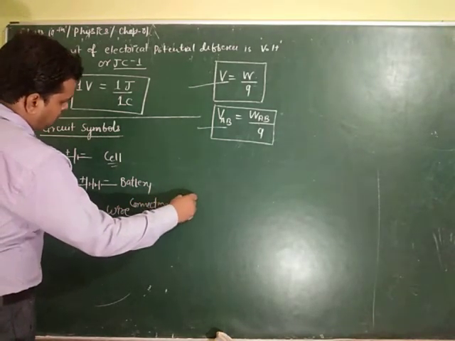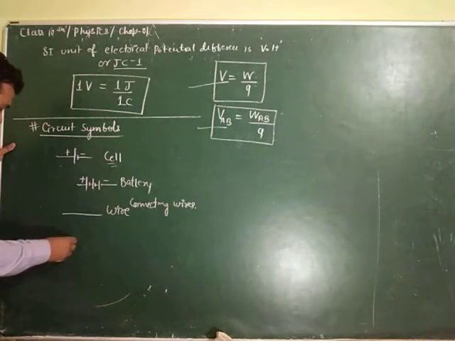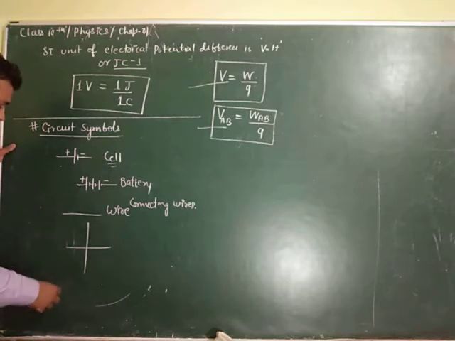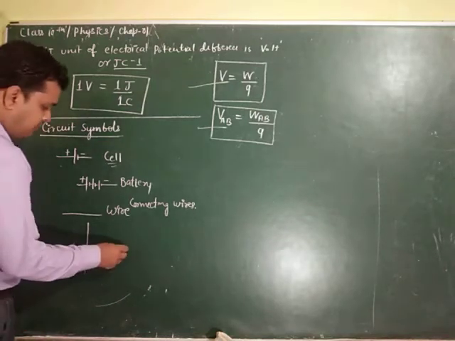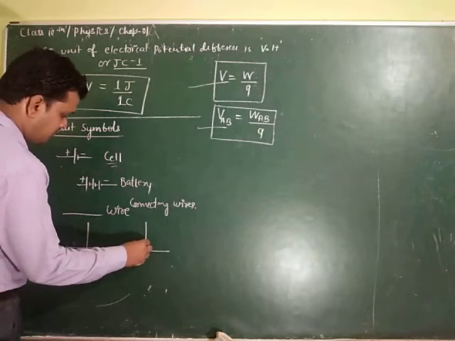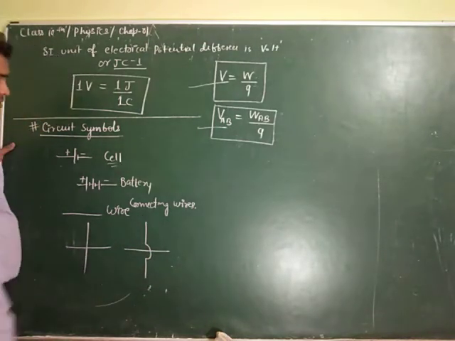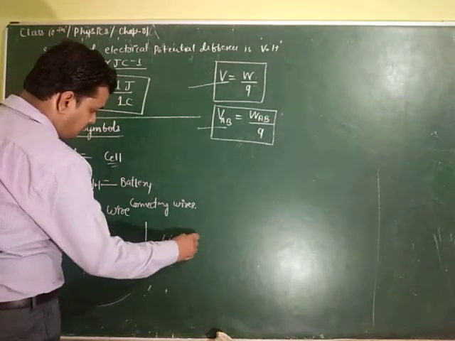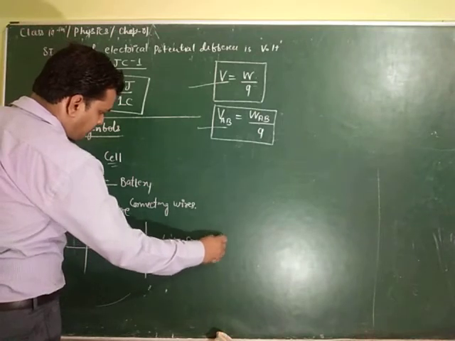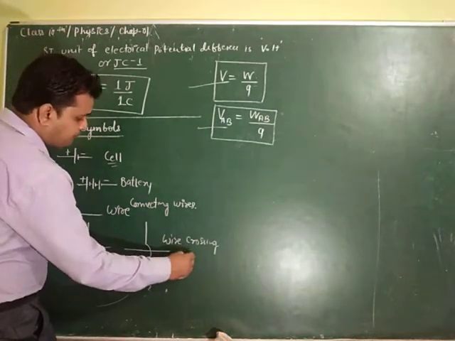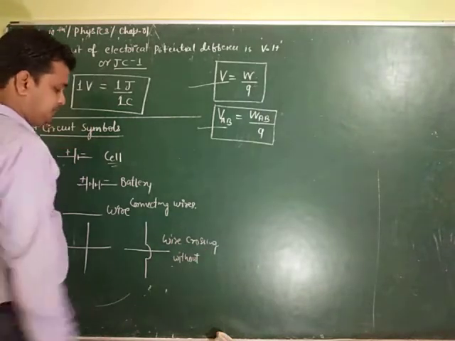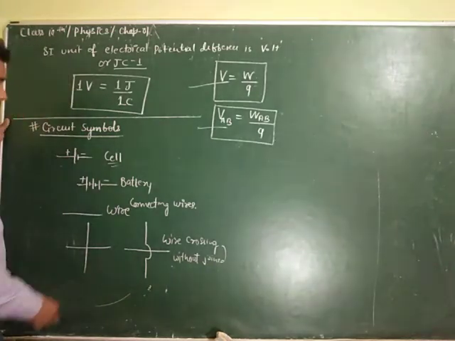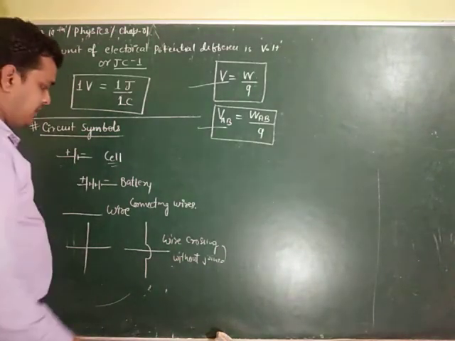If some wires are joined to each other, the joint is shown here, and when wires are not joined, we have to use this symbol: wire crossing without joint, and here it is joined. So this is how the wire is shown.